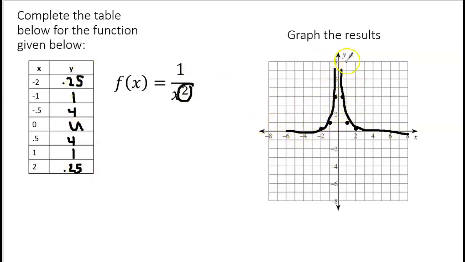So you end up with this symmetrical looking shape. The graph from the last slide and this one have a very similar shape. But whenever you have an even power, instead of the left side being down at the bottom, the left side is also on the top, because everything becomes positive as a result.